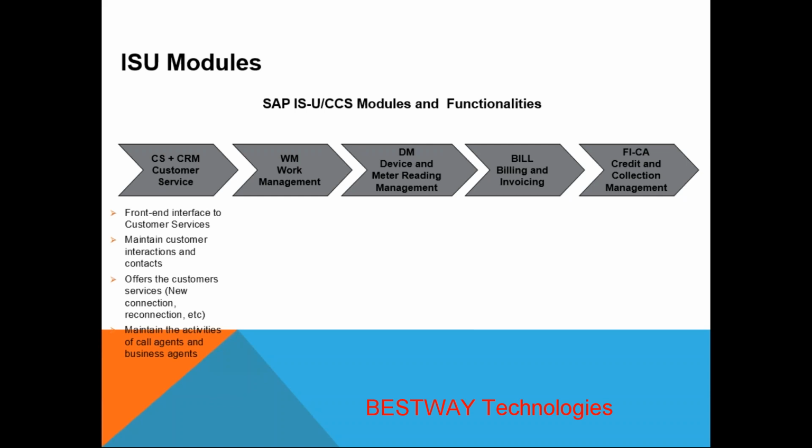As a new customer, if you are trying to apply for a new connection, you approach customer service, fill out your application, and hand it over to the customer service representative. Once they do all those things, background checks and everything, if they are ready to give you a connection, in utilities we call it move in.